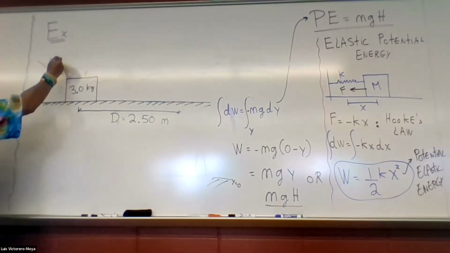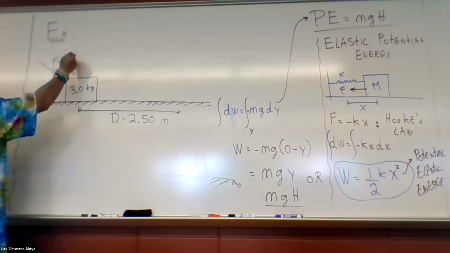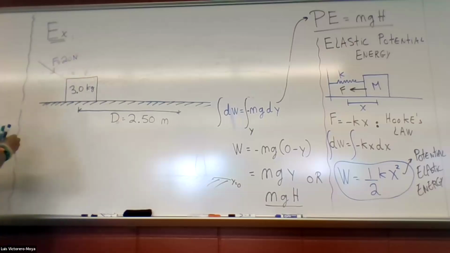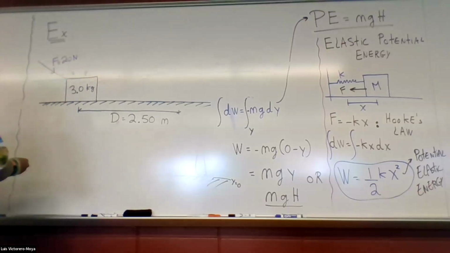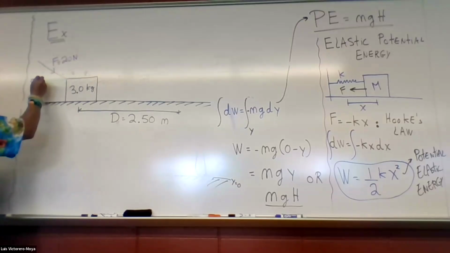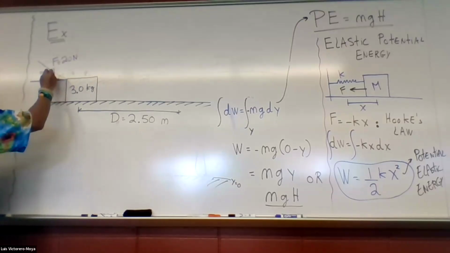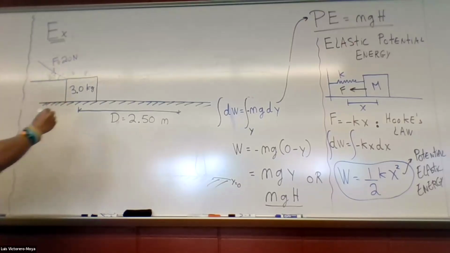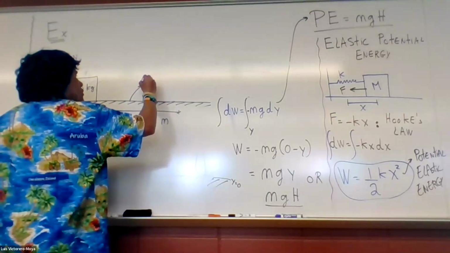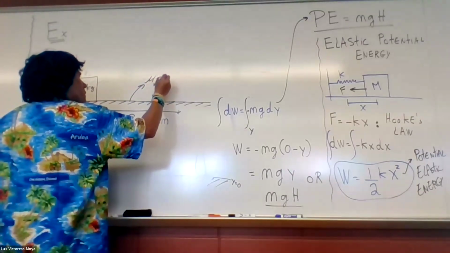This force is of 20 newtons, and the angle here is of 30 degrees. Okay, so no friction, so mu is 0.